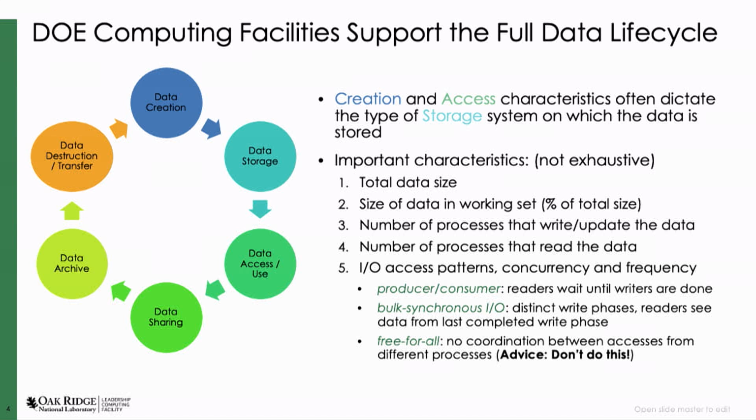There's an application level synchronization, and then the readers say, hey, I can access that data now and move on with my calculations. And finally, what I would call what POSIX supports, which is free for all. Everybody does whatever they want and nobody synchronizes. And you should not ever do this on an HPC storage system.